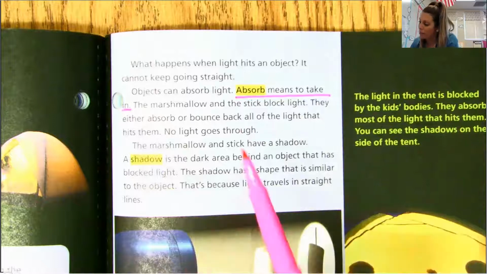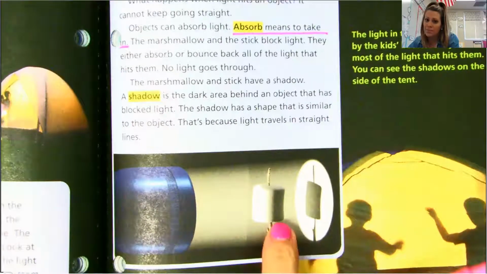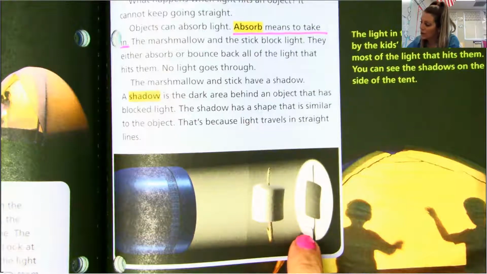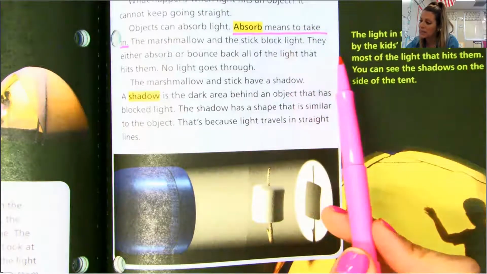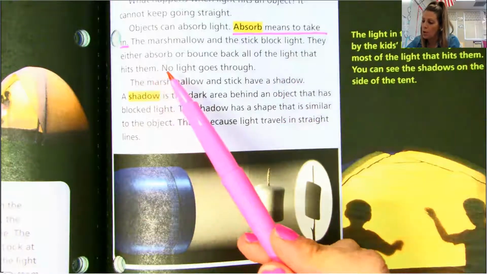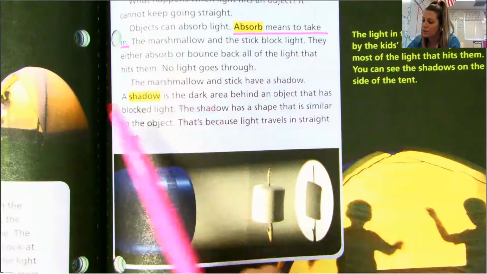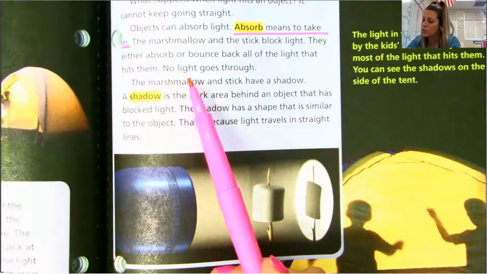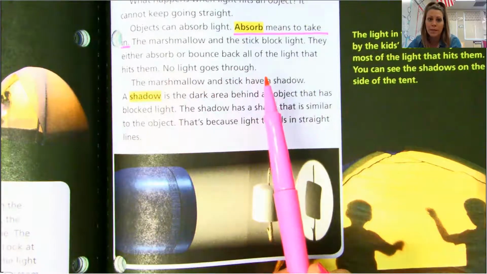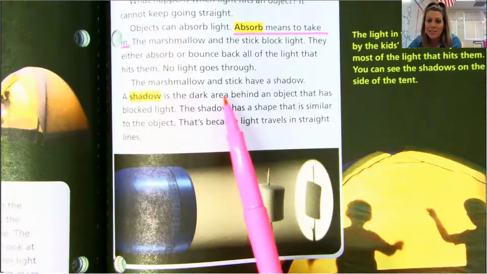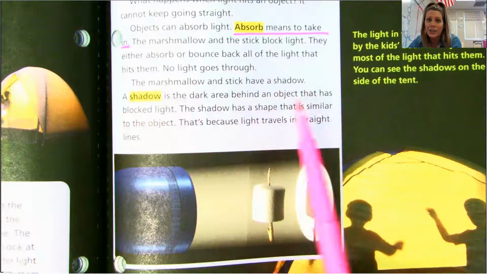The marshmallow, right here, and the stick block light. They either absorb or bounce back all the light that hits them. No light goes through. So what does that mean? Well, the marshmallow and the stick have a shadow.